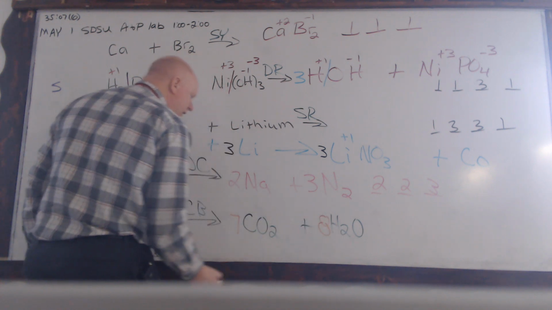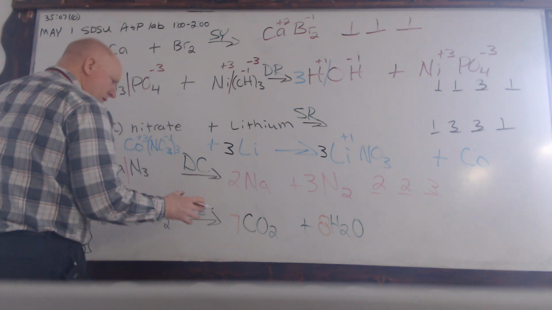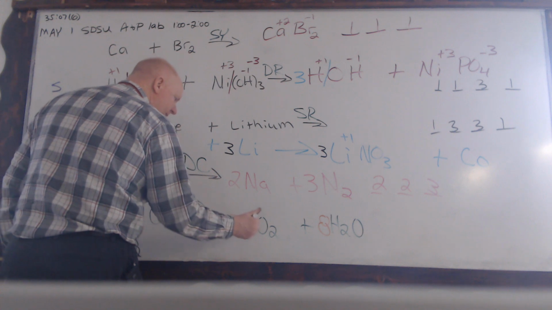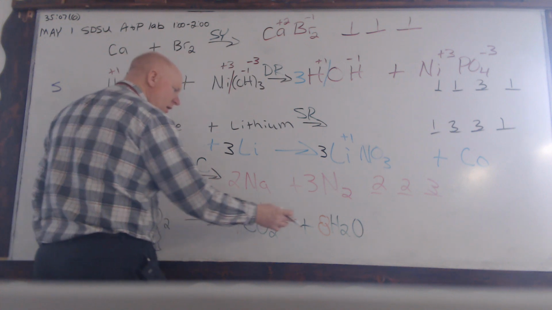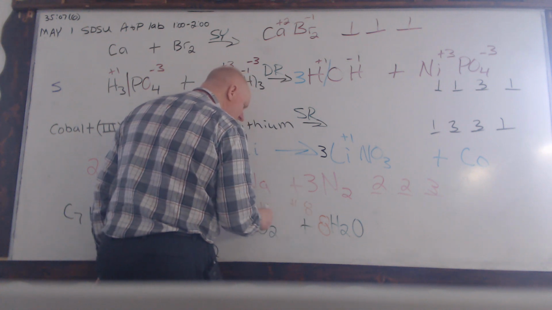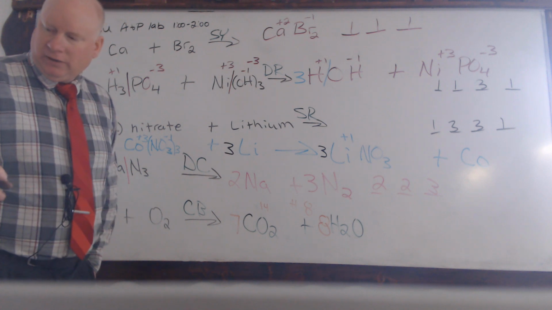So now our hydrogens are balanced, our carbons are balanced. Now we got to do our oxygens. Okay? 7 times 2, 14. 8 times 1 is 8. Okay? You add them together, that gives you 22.